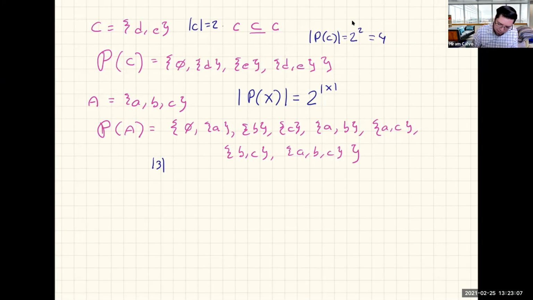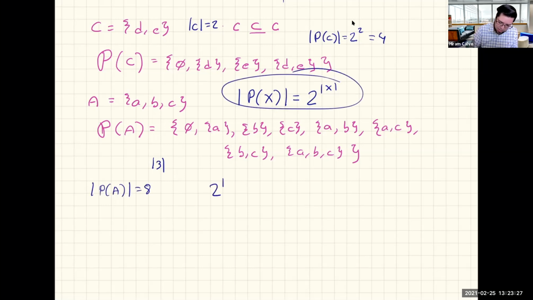And for the second example, what about this? We have 1, 2, 3, 4, 5, 6, 7, 8. We have 8 elements. So apparently the cardinality of the power set of A is 8. Let's see if it's consistent with this formula. So it should be 2 to the original cardinality, which is 3. My God, this is wrong.